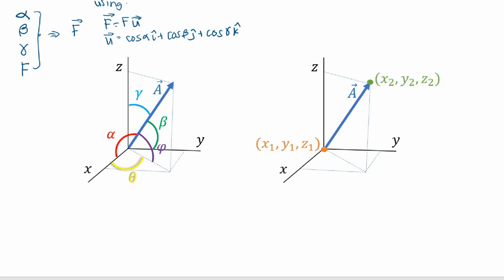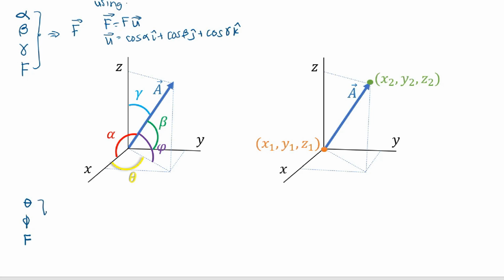Now on the second part, the givens are the transverse angle, the yellow one, theta, and the azimuth angle, the purple one, which is phi. Of course, the magnitude should also be given.